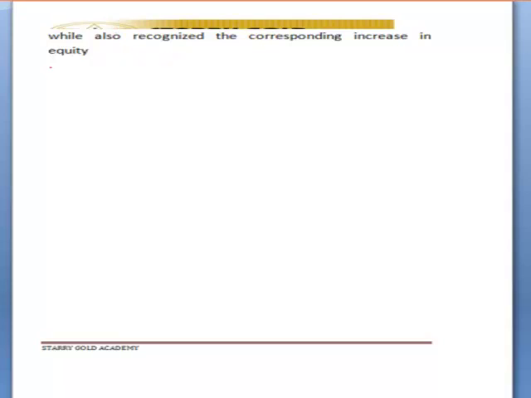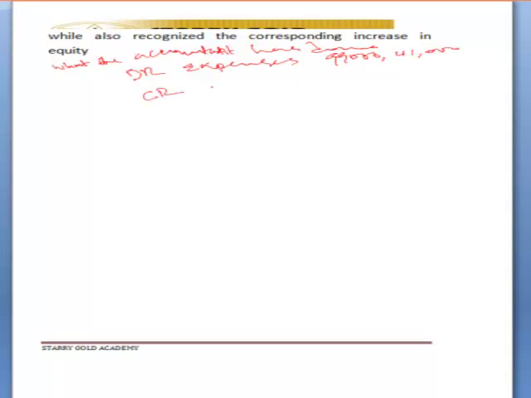So what the accountant has done here is that he has debited expenses for maybe 99,000 or 41,000 as the case may be. Then, because he paid those expenses in cash, instead of crediting bank or cash, he recognized this in equity for the same amount.